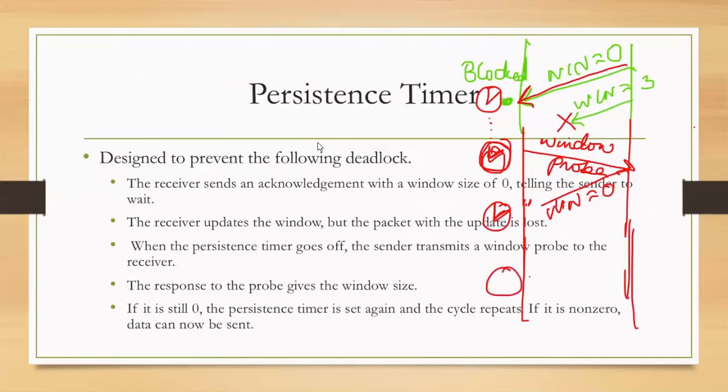At this point, let's say it times out, so it will send a window probe. And when it gets a window size which is, say, 3 or any non-zero value, then the timer will be stopped. So that is the persistence timer.